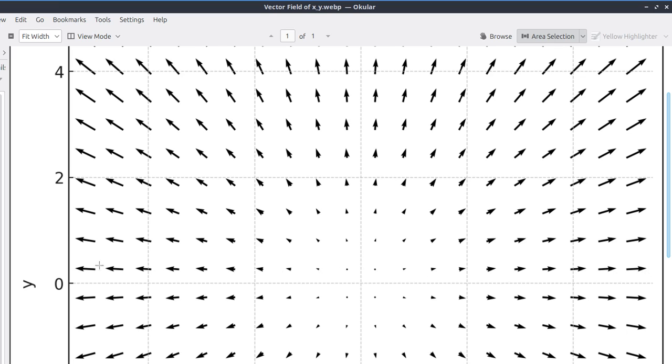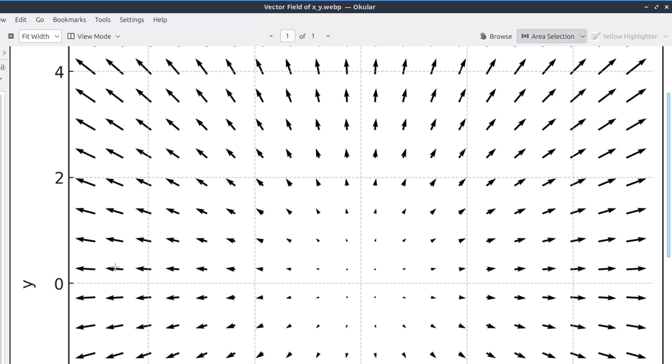But as you move to the left or right, x changes. As you move to the right, away from the origin, x increases. So the vectors get longer in the horizontal direction.